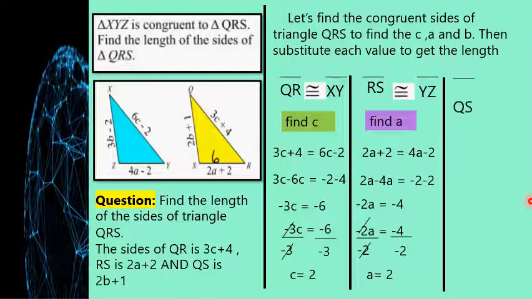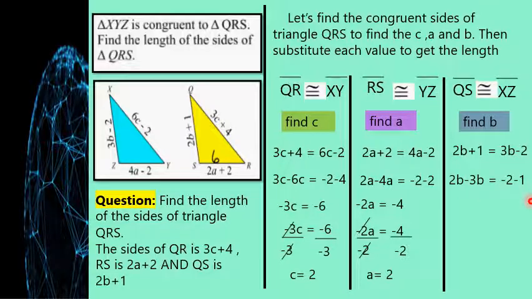Okay, let's go on to the letter B. Line segment QS is congruent to line segment XZ. Then we're going to find B. So this is 2B plus 1 equals 3B minus 2. Same procedure: 2B minus 3B equals -2 minus 1. And then this becomes -B. For this pattern, we add and copy the sign.